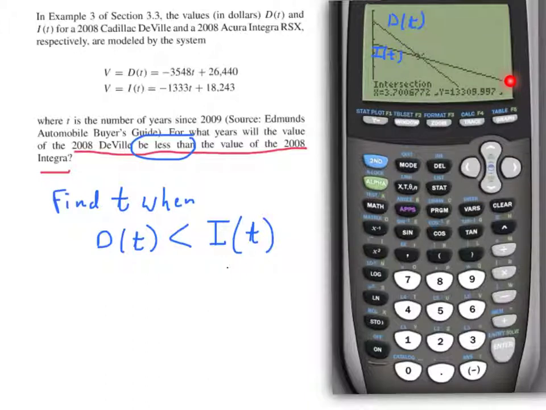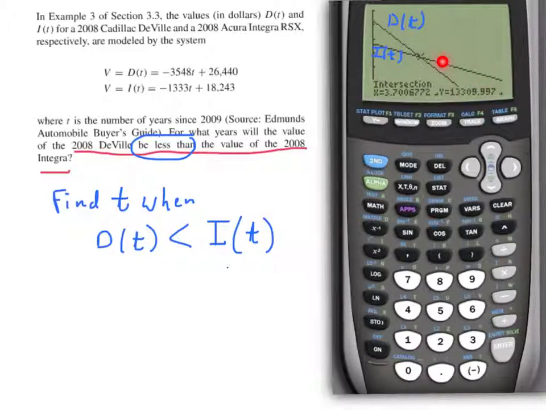Now we're asked to find when is d of t less than I of t. Less than means lower vertically on the graph. When is d of t lower than I of t? That would happen over here in this range, where here's d of t and it's lower than I of t.